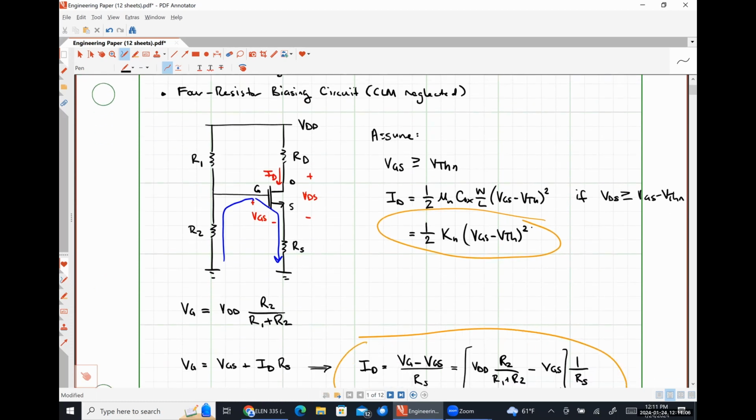So simple biasing. Well, it depends on whether or not we are going to have source degeneration or not, right? So for example, if we had a circuit, let me draw it out.